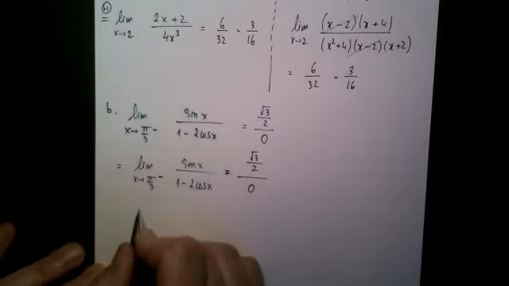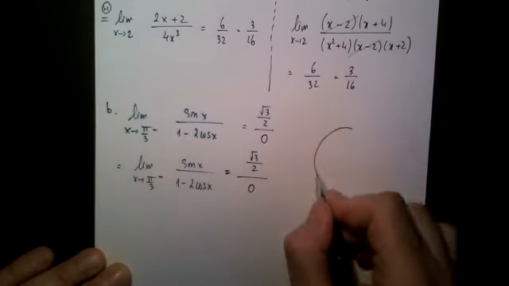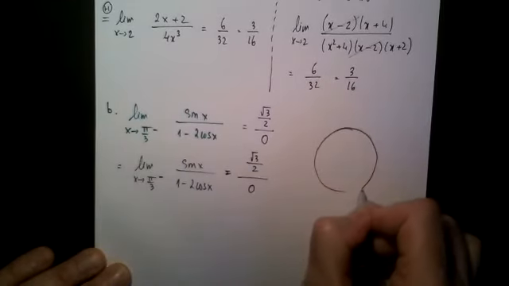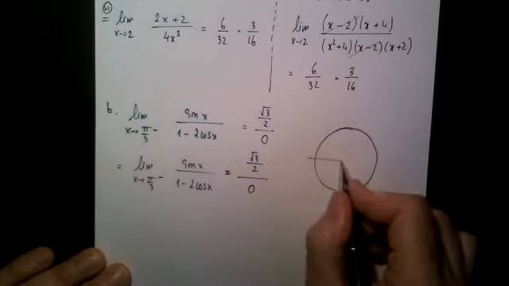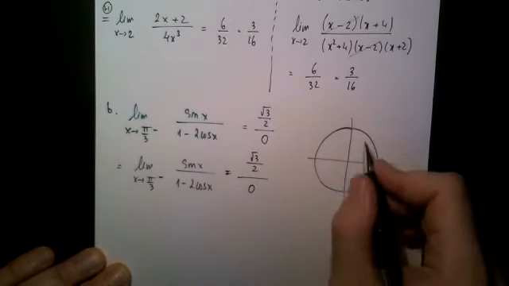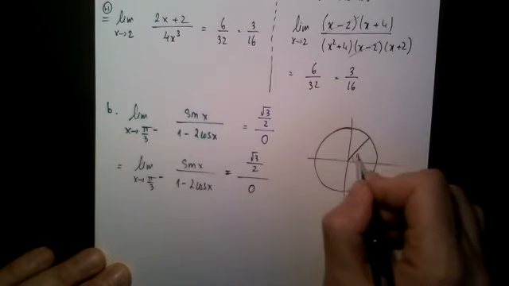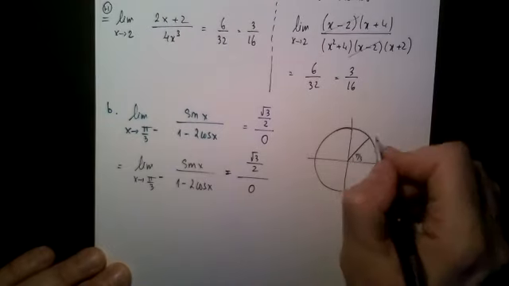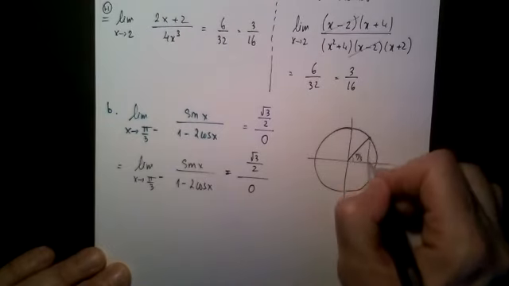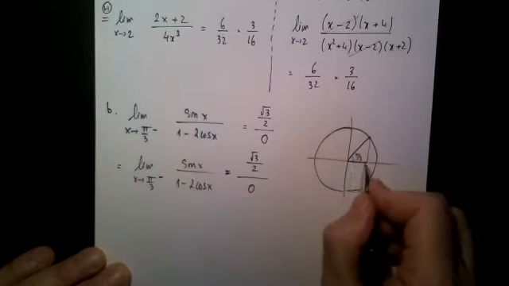So let me draw my circle. Okay, so I'm going to draw my unit circle. And this is about 60 degrees. Okay, and this is the cosine, right? You remember that this is the cosine.